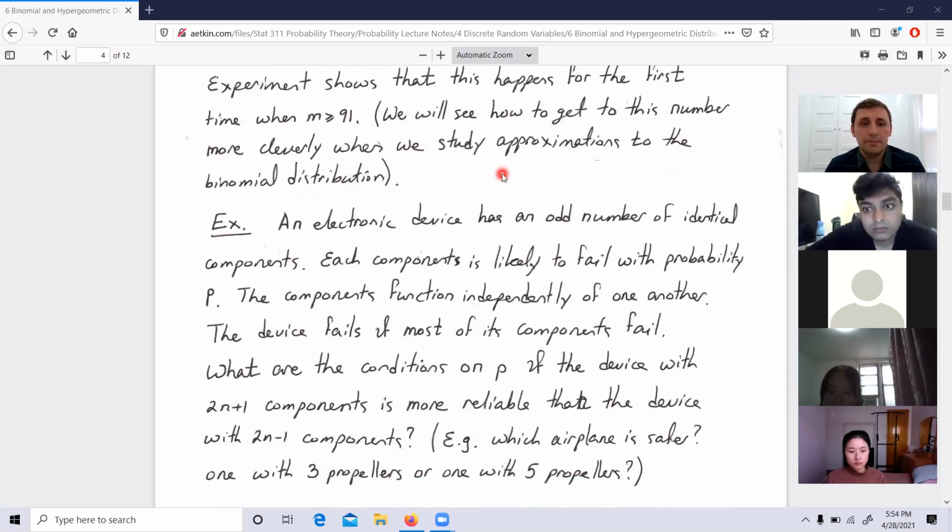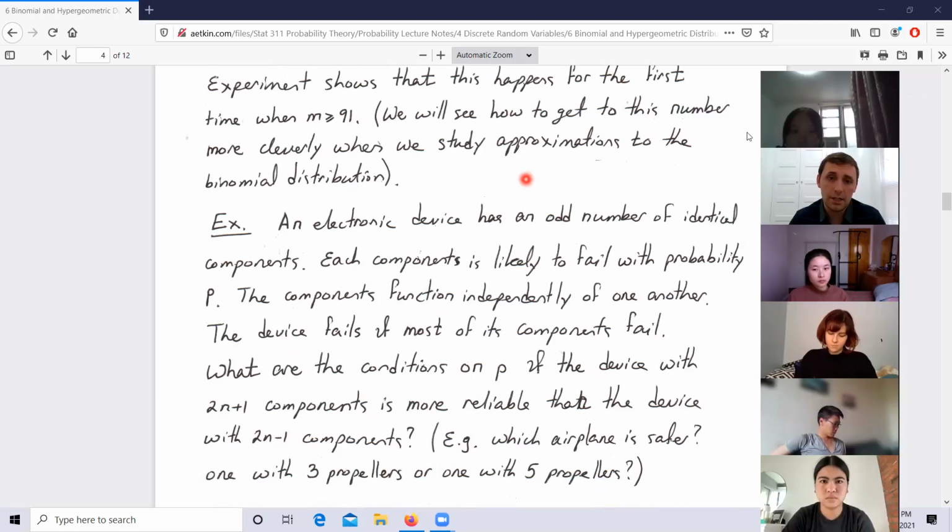Well, here is another thing. An electronic device has an odd number of identical components. This is maybe a little bit interesting, guys. Maybe I was inspired by the search for the economical plan: how many engines do you want to have?